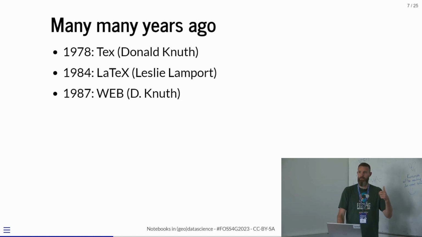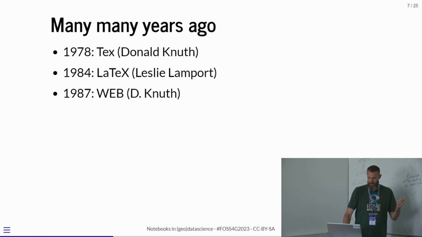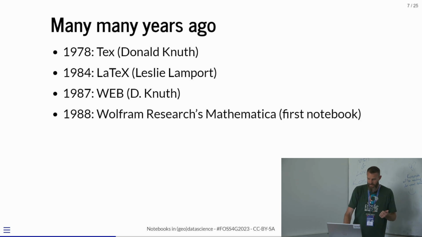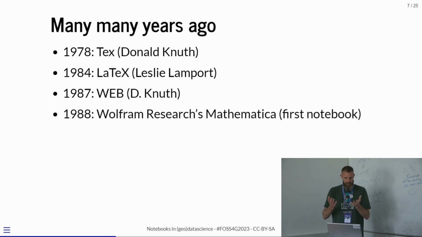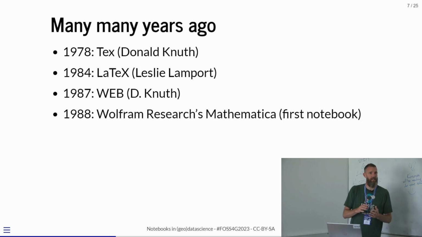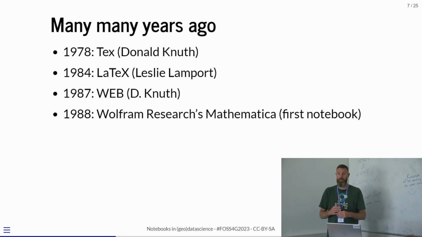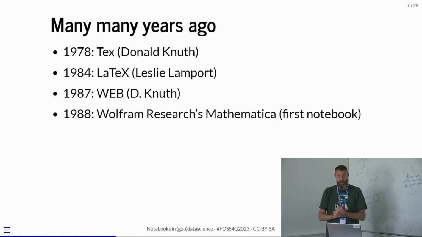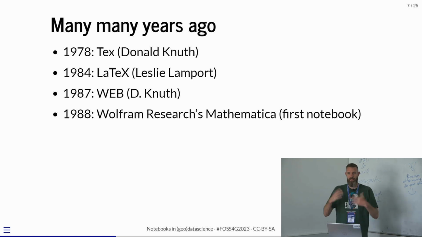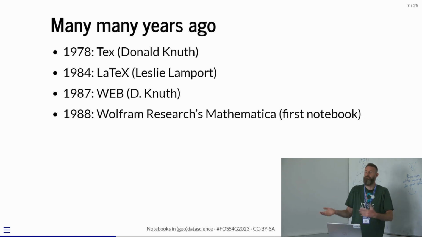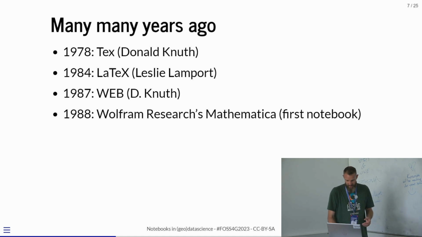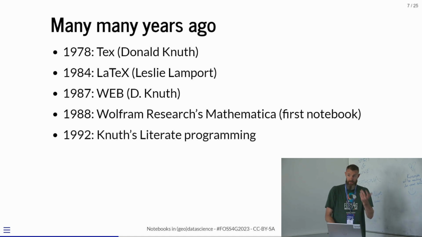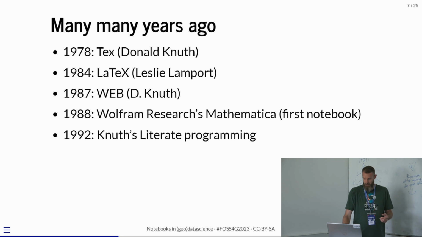There was also CWeb, with TeX and the C language. The first actual notebook was created in 1988, so it's pretty old actually, by Stephen Wolfram. It's called Mathematica, so obviously it was a notebook on math, with its own language, the Wolfram language.